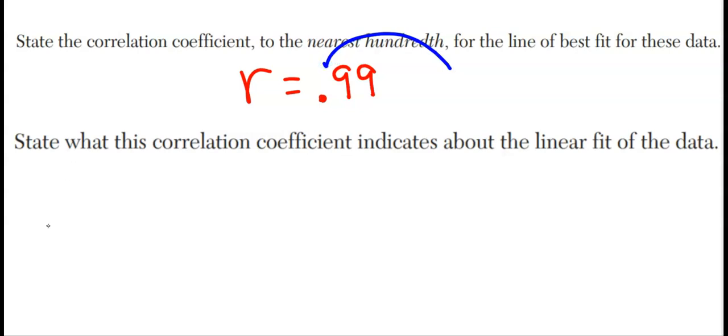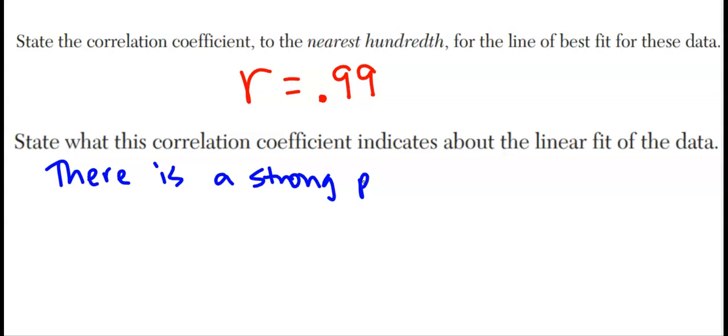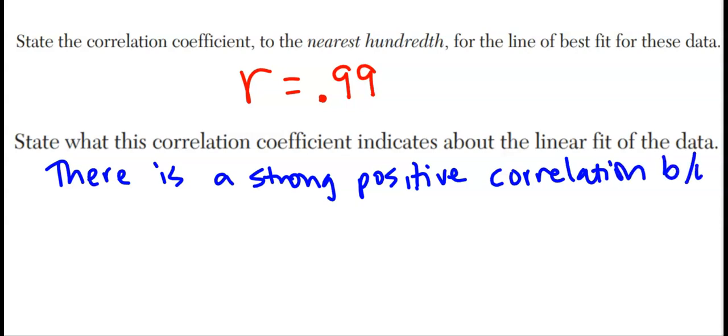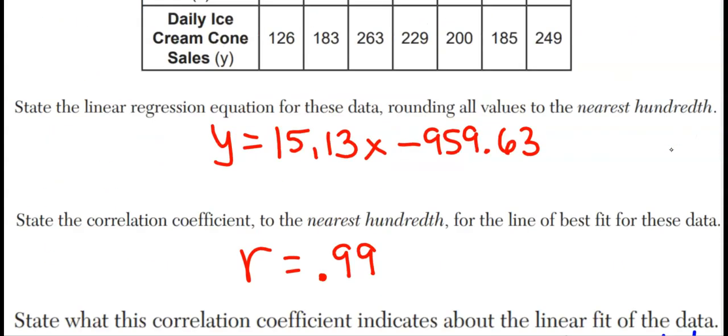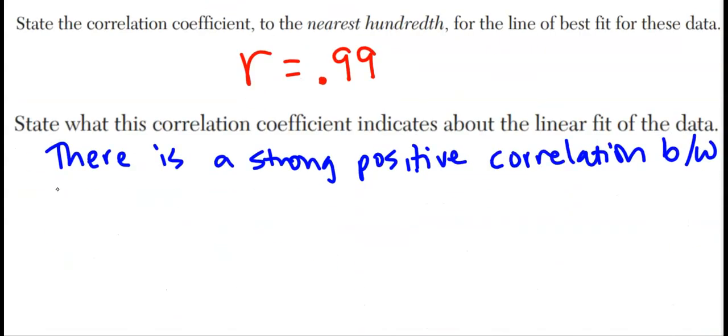So the answer here is that there is a strong positive correlation between X and Y. X is temp and Y is ice cream sales.